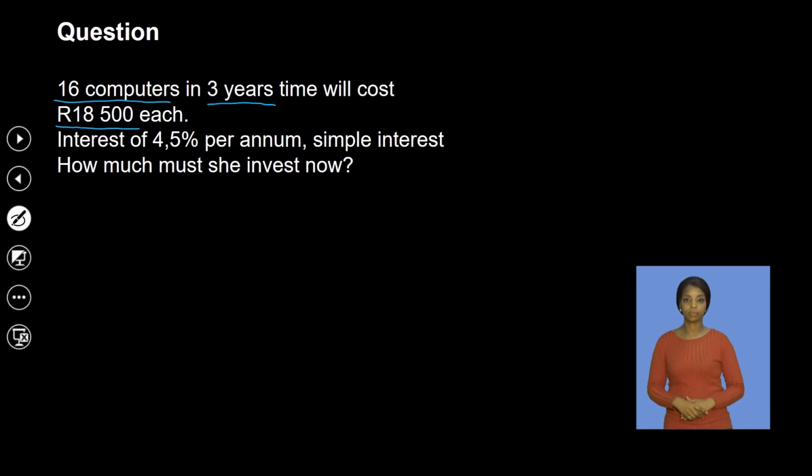So in total, the amount this person will need is 16 multiplied by 18,500. That's how much they will need after 3 years to replace the computers that they have at the time.